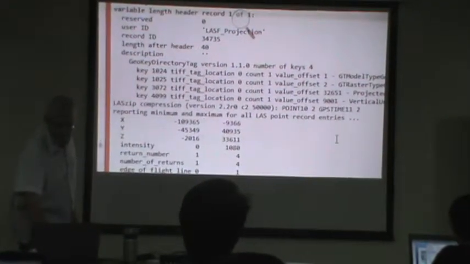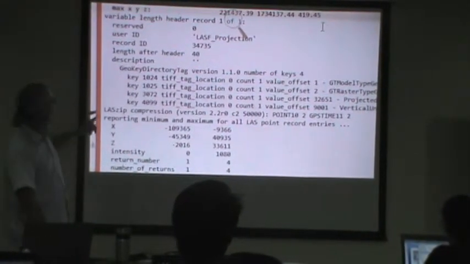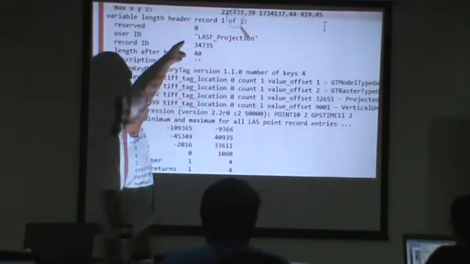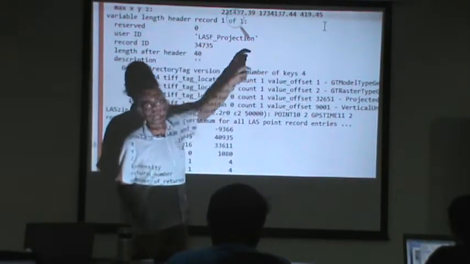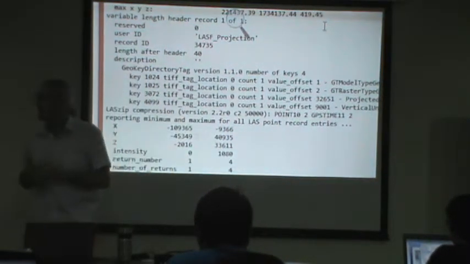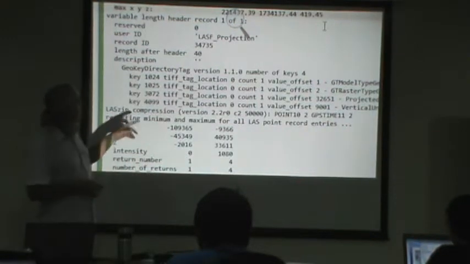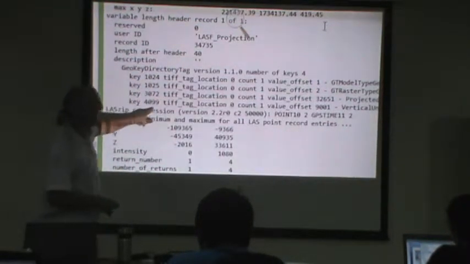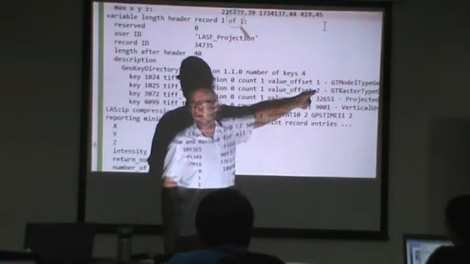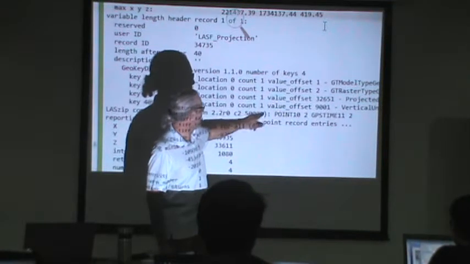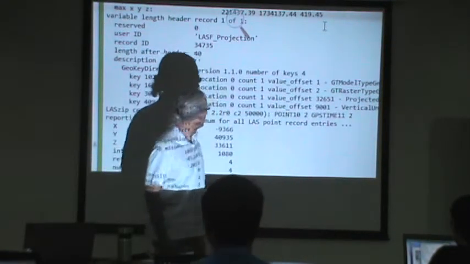And here's one of those variable length records that I talked about before. It has only one, and this is one from the specification, it's a projection record. And that specifies the projection information. Sometimes it's wrong, but this one seems to be correct because LASinfo doesn't complain that it doesn't know anything about it.